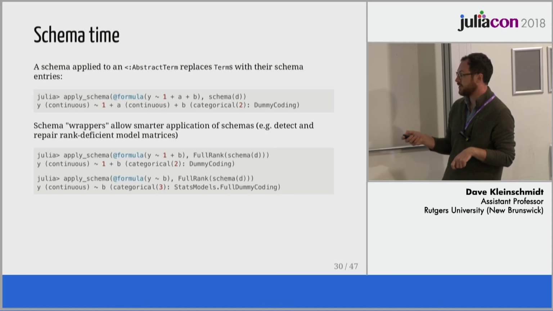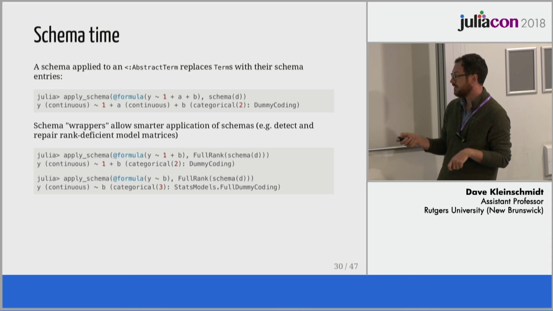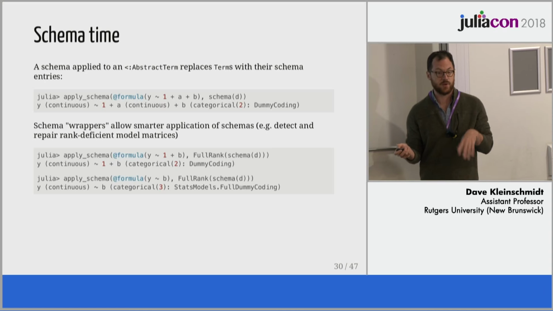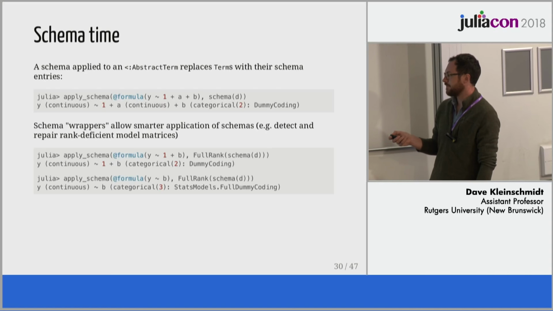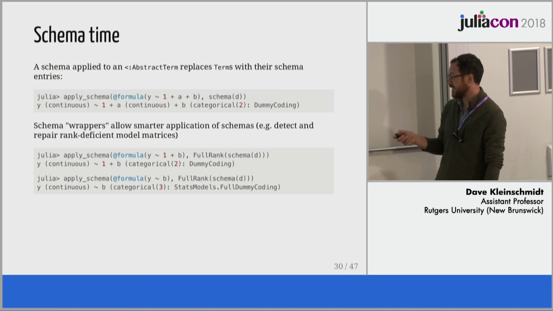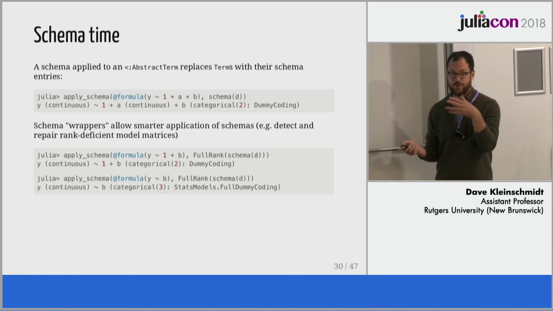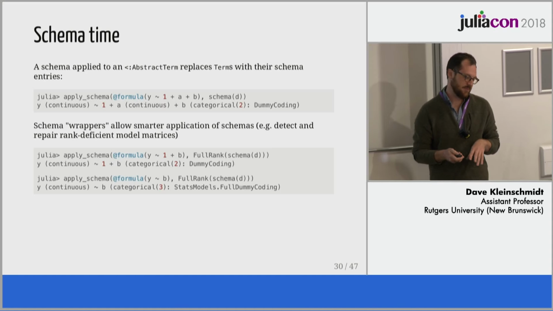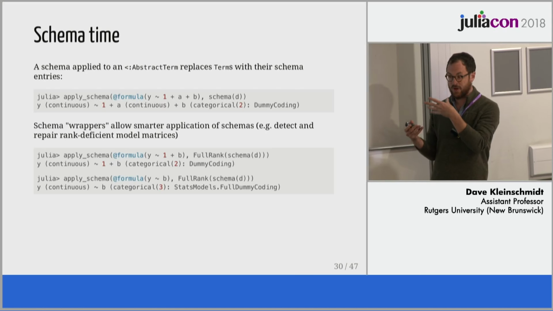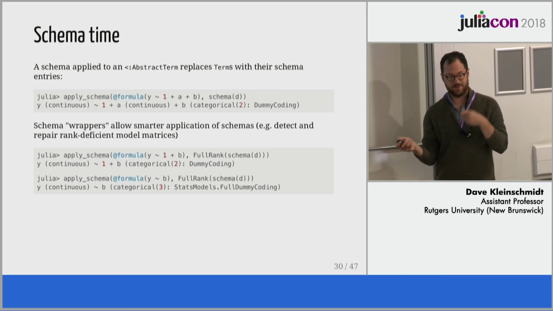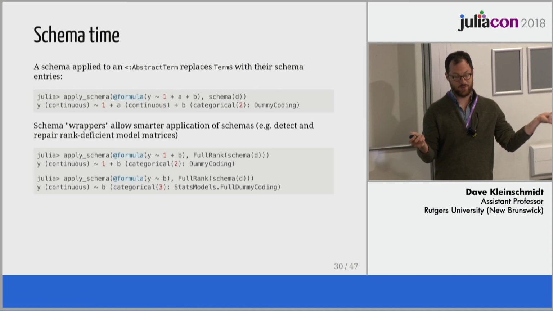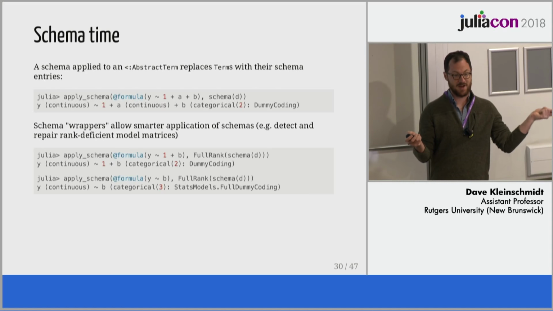And so in that case, you actually want to promote the coding of B to full dummy coding or one-hot encoding, where you actually generate 3 columns, right? And so if you wrap the schema in this full rank wrapper, it'll do that check for you. And the same logic applies at higher levels. So like, let's say you have an interaction with B without the main effect of whatever the variable is that B is interacting with.